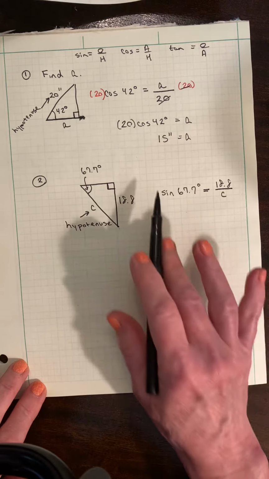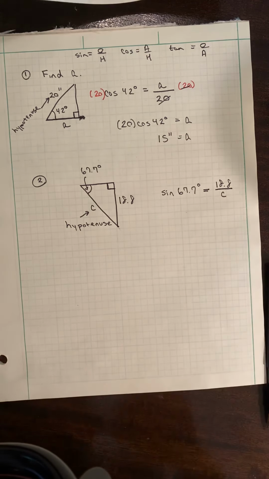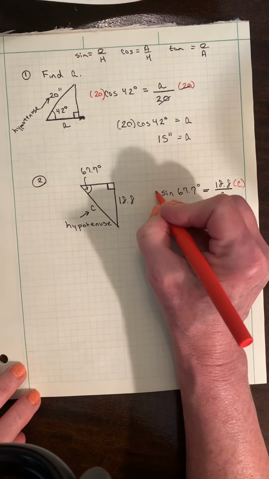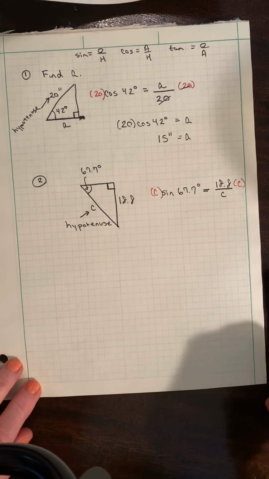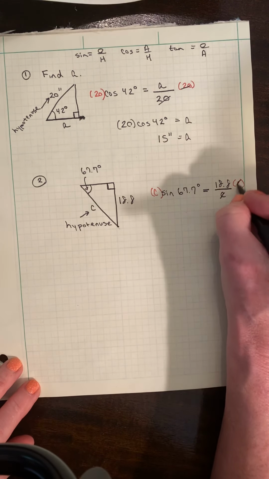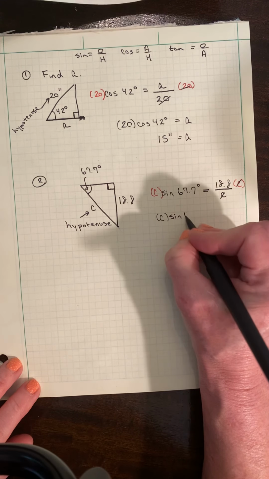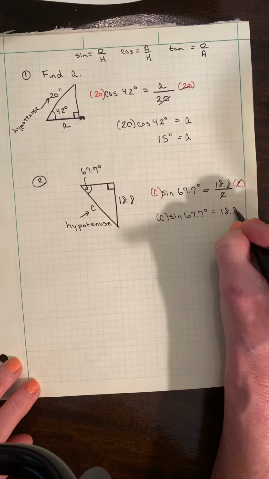Now, how do we do the algebra here? Well, I don't like that c being down there, so I'm going to multiply both sides by c, so I can get that out from under the fraction. So now I have c times the sine of 67.7 degrees is equal to 18.8.